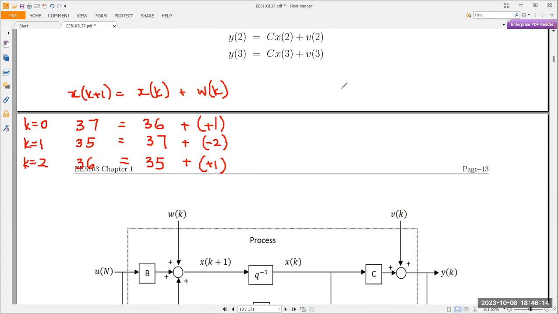So the measurement equation is written as YK equals XK plus VK. So, okay, at k equals 0, X0 is 36, so I must put 36 here.